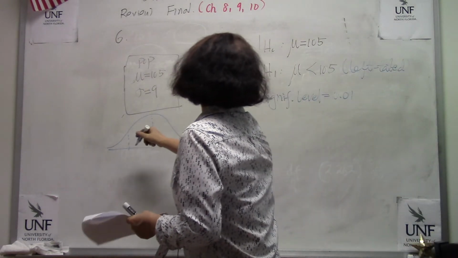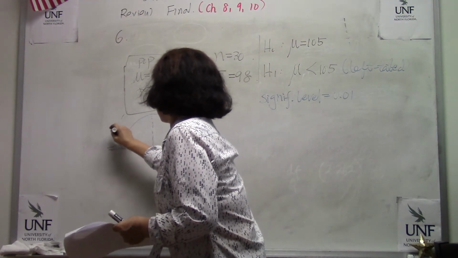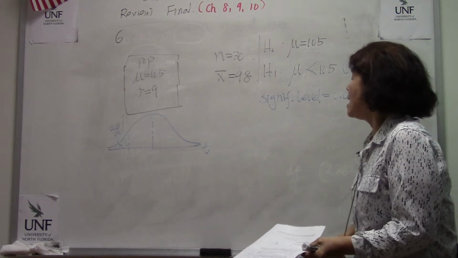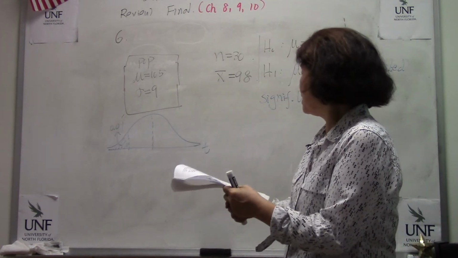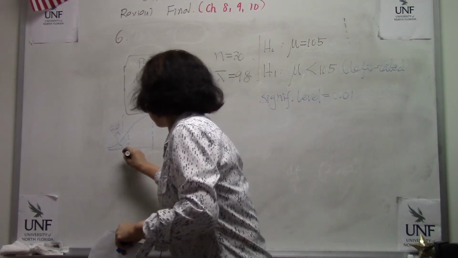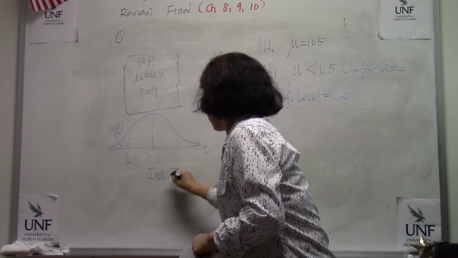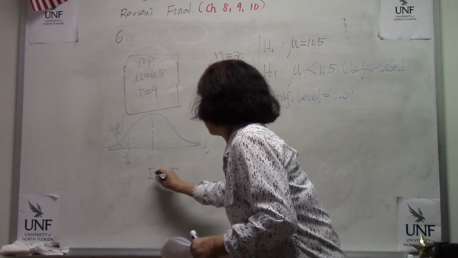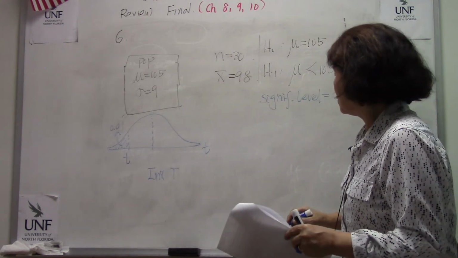So going over here, this area is 0.01. So this is what we mean. Okay? So go here and find this t value. So this t is going to be invert t. Yes, you are going to say that.